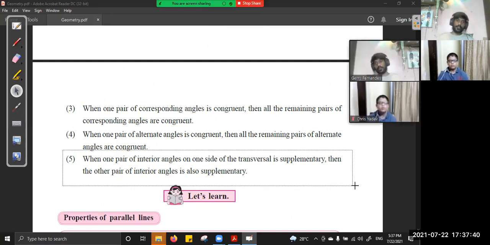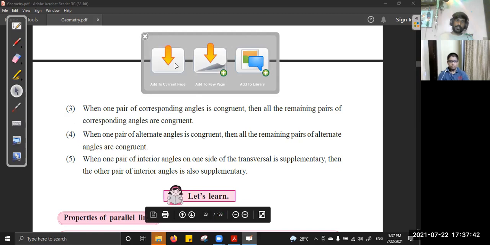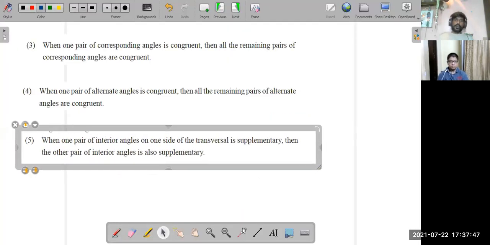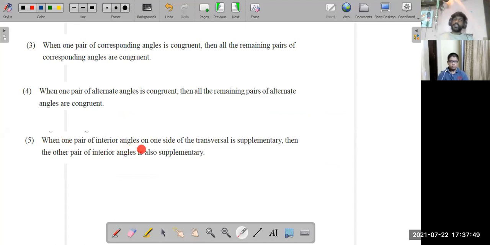Okay. The fifth point is also easy. This says when one pair of interior angles on one side of the transversal is supplementary, then the other pair of interior angles is also supplementary.